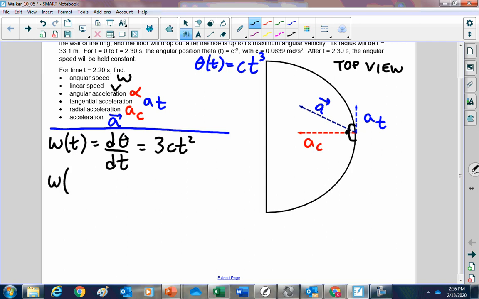So omega at 2.2: I'm doing 3 times 0.0639 times 2.2 cubed, or sorry, squared.